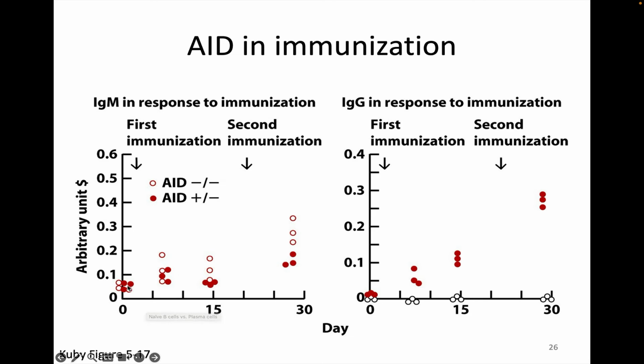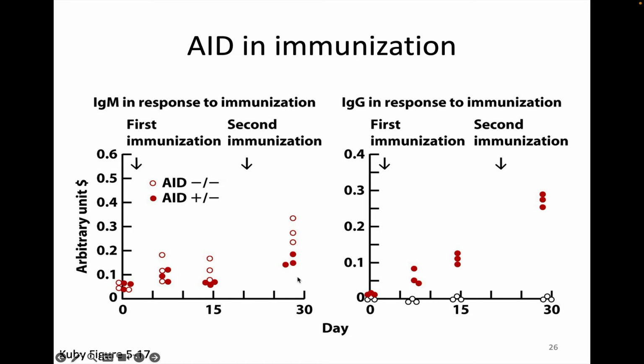So first we'll just look at the solid circles, which are the mice that have AID. If we look at how much antibody they make in response to the first immunization, they make some, and it peaks and then goes down. And with the second immunization, they make a little more.